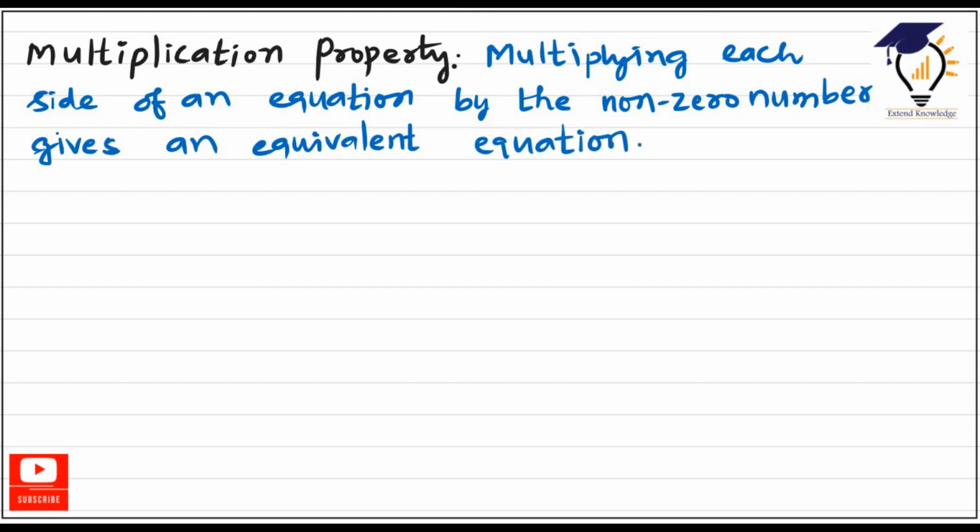This is multiplication property. One example I'll show for understanding.